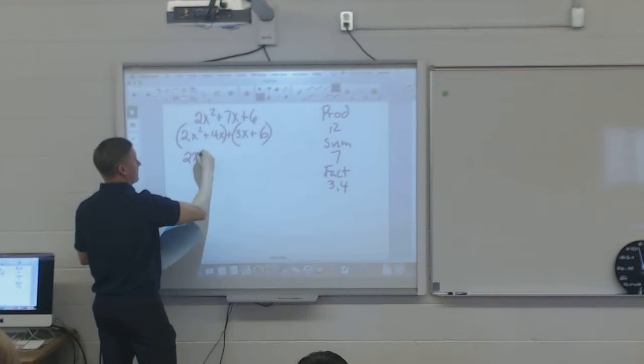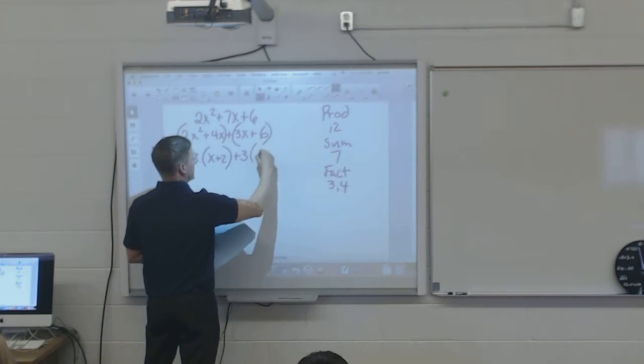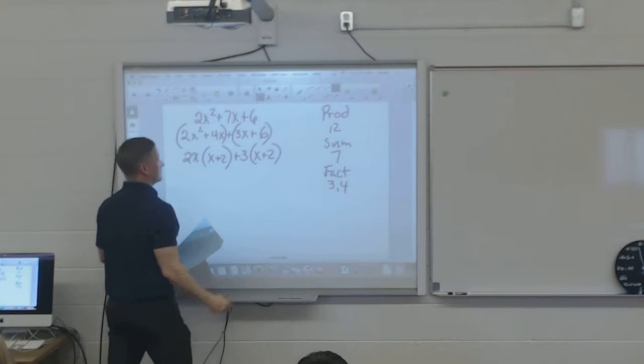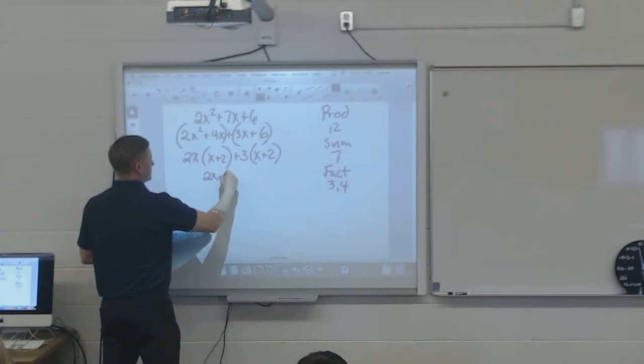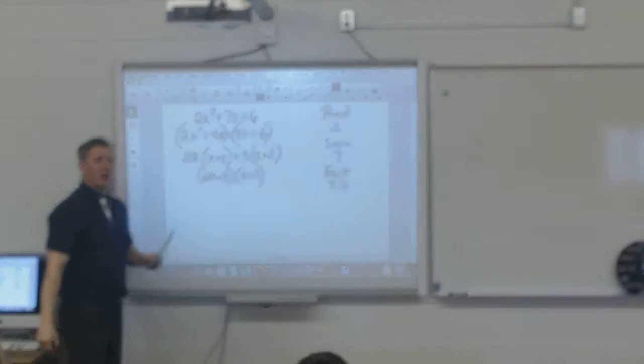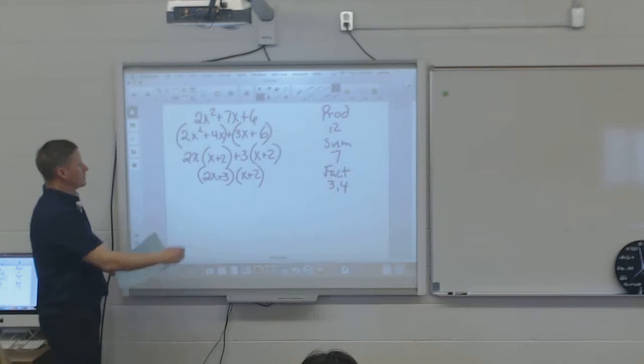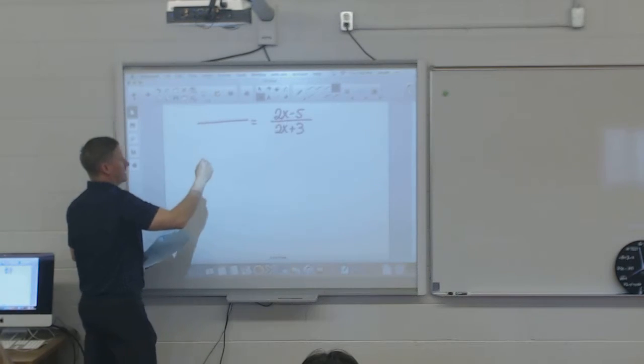Take a 2x out, that leaves me with x plus 2. Take a 3 out, leaves me with x plus 2. I get 2x plus 3 times x plus 2. Okay, so there's the long way of factoring again. So that's my bottom on this left side here.